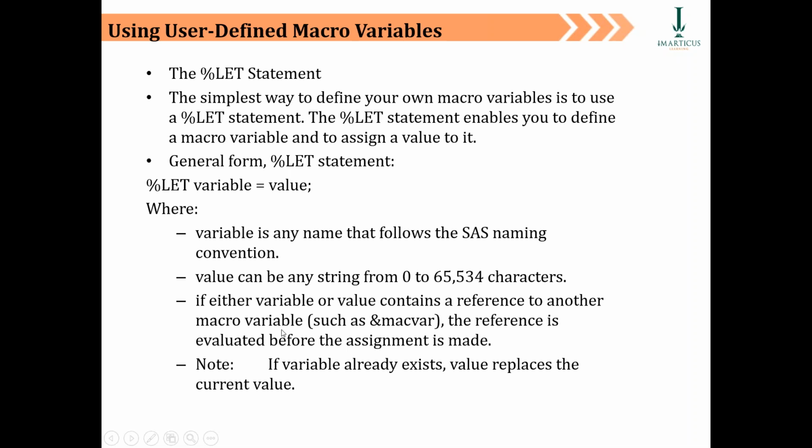A variable is any name that follows a SAS naming convention. Value can be any string from 0 to 65K characters. If either variable or value contains a reference to another macro variable, such as &msvar, the reference is evaluated before assigning the value. If the variable already existed, the value replaces the current value.